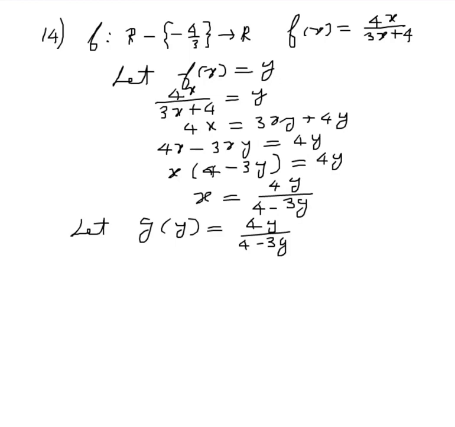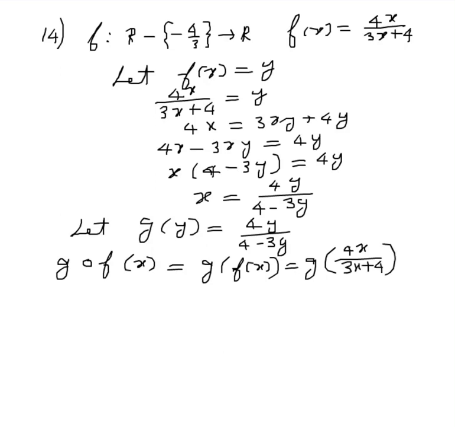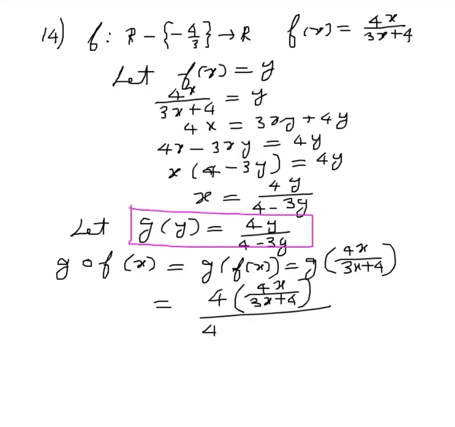Now we will check whether G is the inverse of F or not. We are going to use the F composite G and G composite F method. Let us find G composite F of x, G of F of x. G of F of x is G of 4x by 3x plus 4. Now let us use G definition: 4 times y, in place of y I have to substitute 4x by 3x plus 4, divided by 4 minus 3 times, again y is 4x by 3x plus 4.